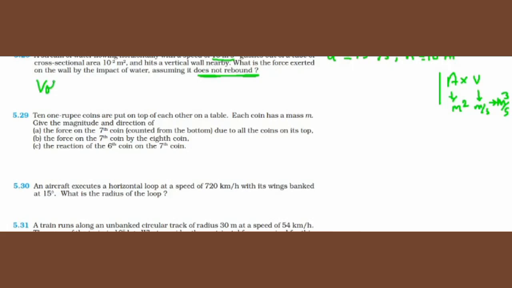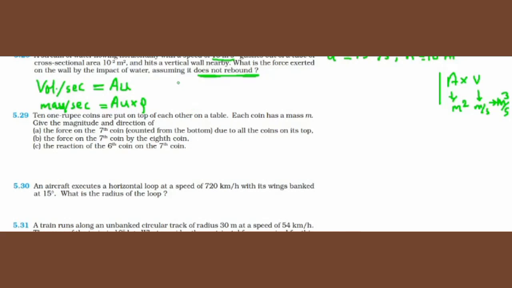So we will start from there. Volume per second is equal to area into initial velocity, therefore we can write A U. Area into velocity will give volume per second. Then next, mass per second is equal to, you have volume, you can find mass by multiplying with the density. That will give mass per second.